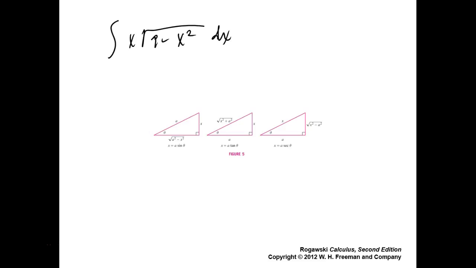You could do that one just with a plain substitution, because basically the derivative of this is almost already there. You see, the ones we were doing before, those derivatives weren't there. You either had x squared out here, or you didn't have anything out here, or something that you couldn't do without. Then the trig substitution works.